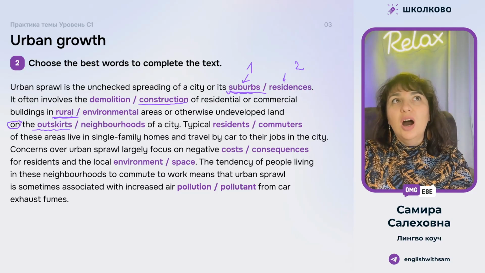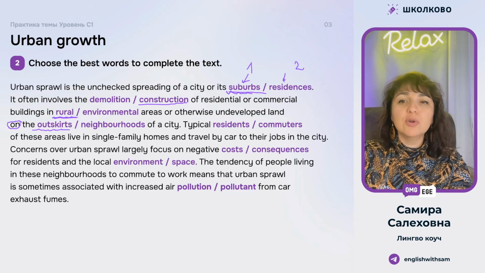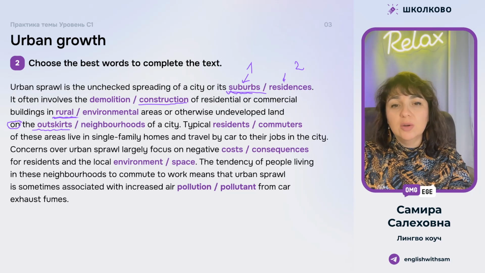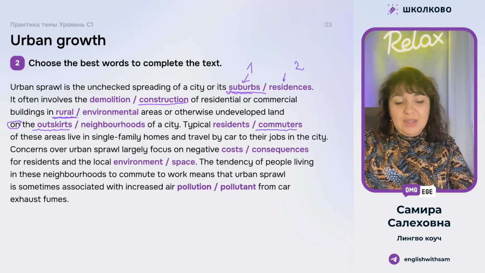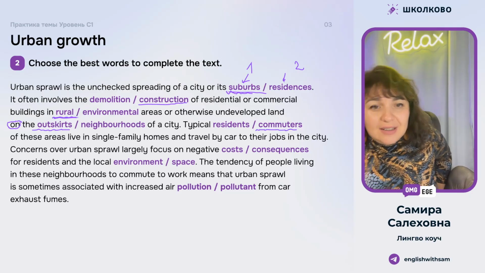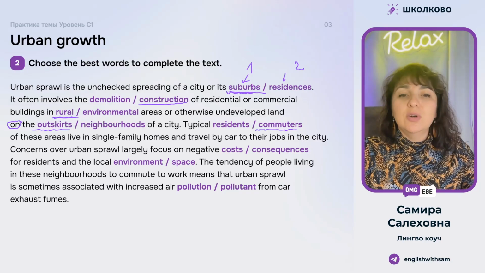So I'm sure you remember the word commute, right? Commute, to travel from home to work or to the university, for example. Yeah, and we have commuters, so people who are doing it, right? Yeah, commuters, but here we are choosing what?